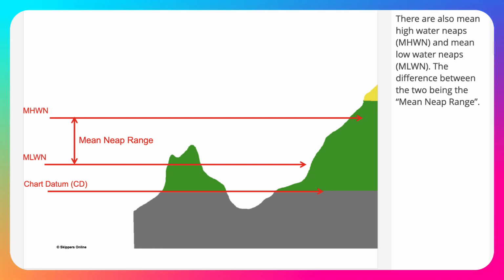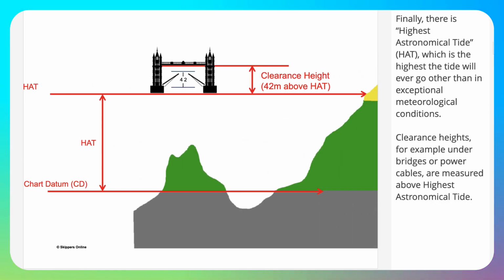The difference between the two being the mean neap range. Finally, there is highest astronomical tide, HAT, which is the highest the tide will ever go other than in exceptional meteorological conditions. Clearance heights, for example under bridges or power cables, are measured above highest astronomical tide.